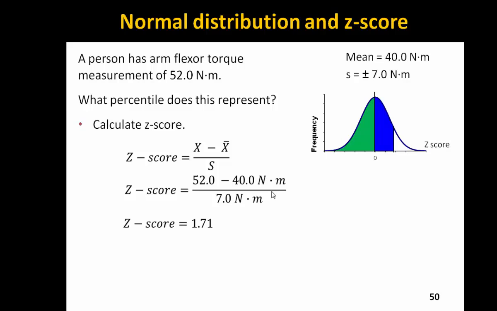Recall that when we talk about a z-score, we're using that term interchangeably with standard deviation. So a z-score of 1.0 is 1 standard deviation. This person that we factored into the equation, their score resides beyond 1 standard deviation unit on the positive side of the z-score.